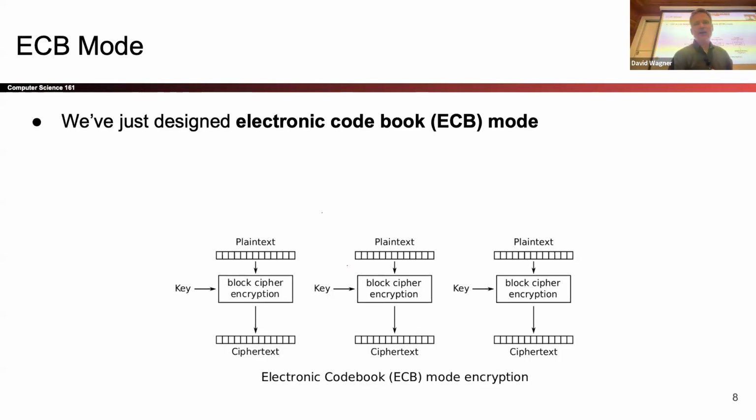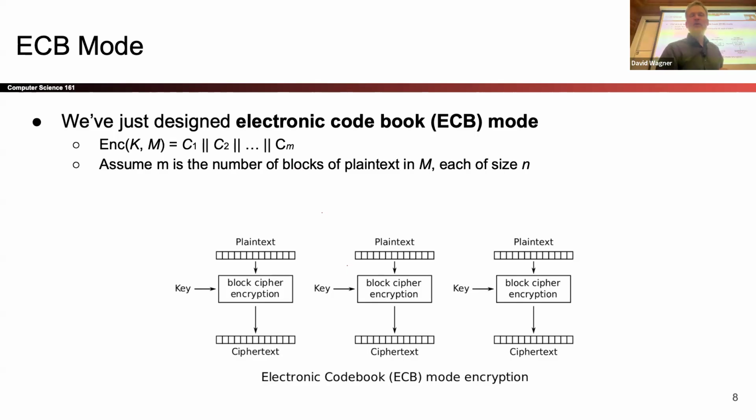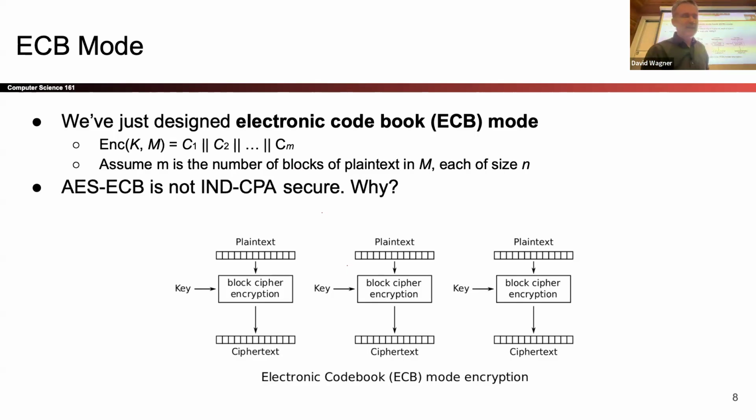That's called electronic codebook mode. So we take the message, break it up into 128-bit chunks, and apply the block cipher to each one with the same key. You get a bunch of 128-bit ciphertexts, and you just concatenate them, and that's the encryption of the message.